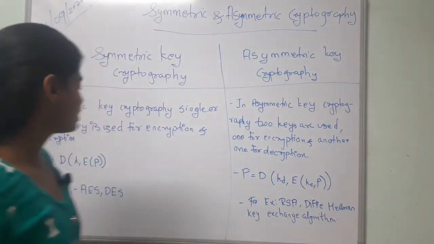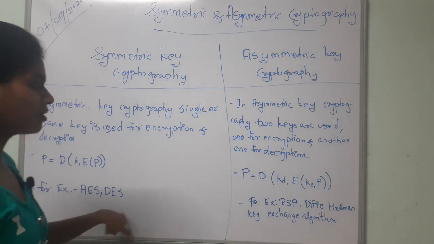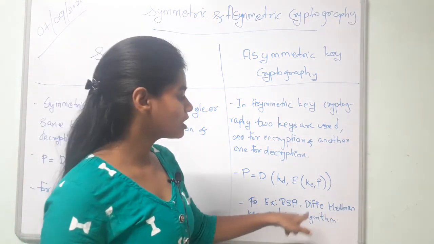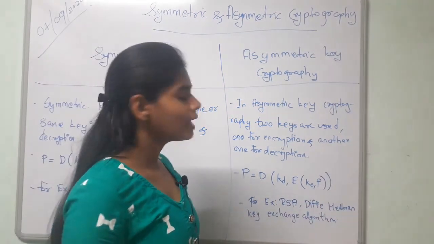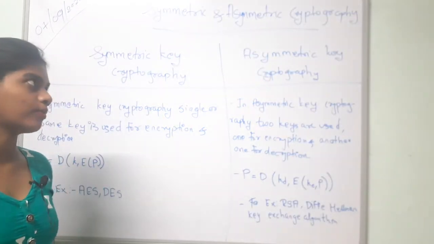For implementation, symmetric cryptography uses AES, the Advanced Encryption Standard, and DES, the Data Encryption Standard. The RSA algorithm or the Diffie-Hellman key exchange algorithm is used for implementing asymmetric cryptography.